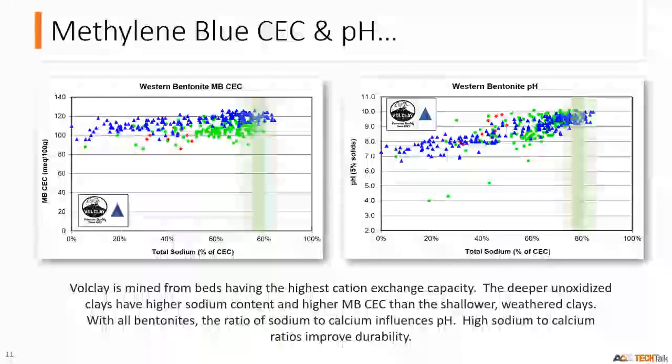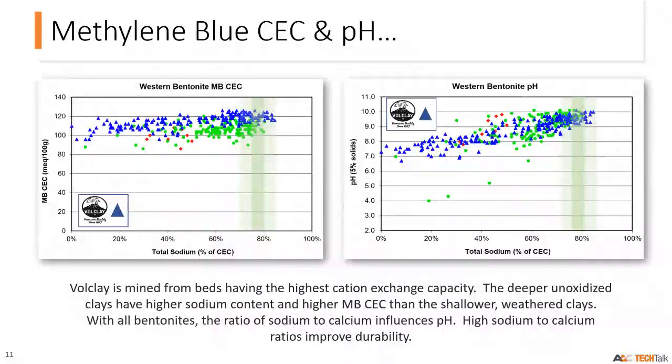Yeah, thanks, Darren. As Darren mentioned, in the clay structure, it's a crystal structure, and these sodium and calcium, we call them exchangeable cations. They're positively charged cations that come and satisfy these charge imbalances in the crystal structure that occur from substitutions in those layers. And really, sodium bentonite has both sodium and calcium exchangeable cations, and calcium bentonite has both sodium and calcium exchangeable cations.